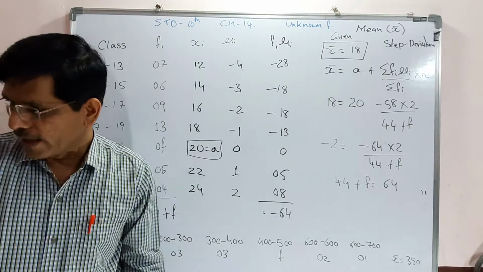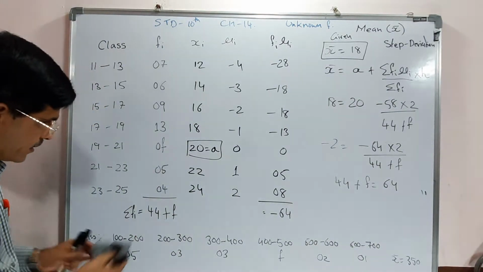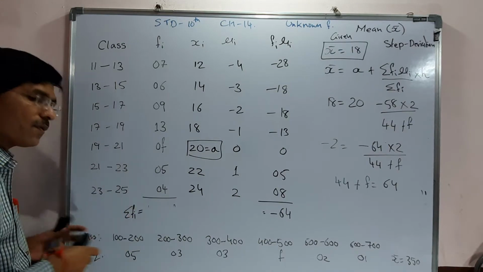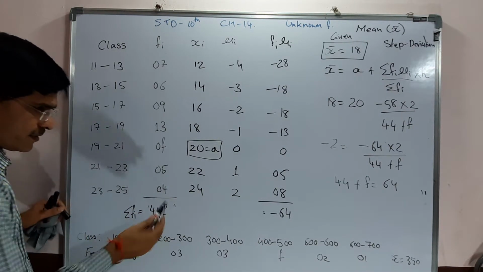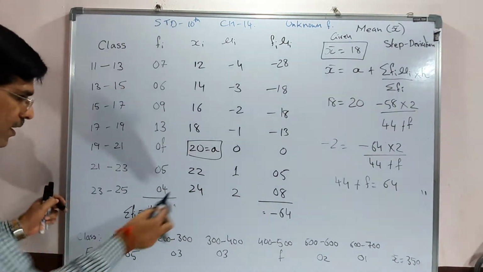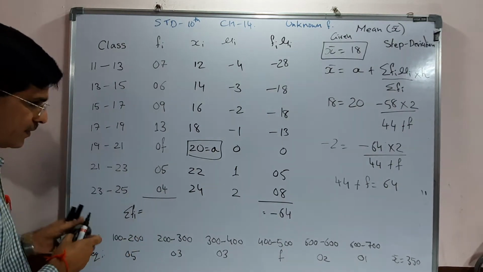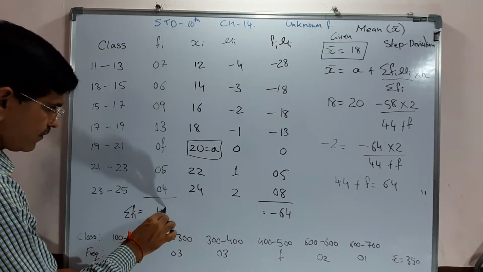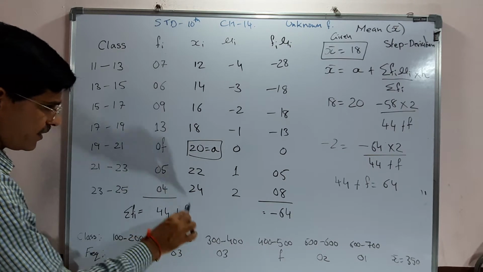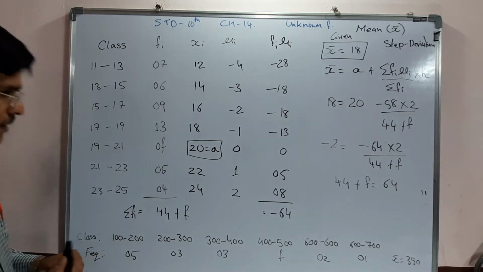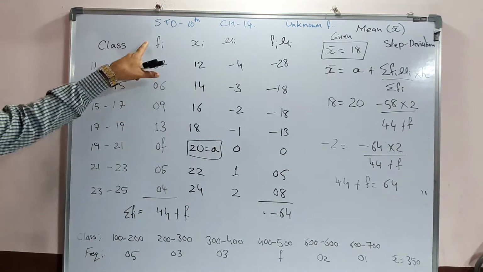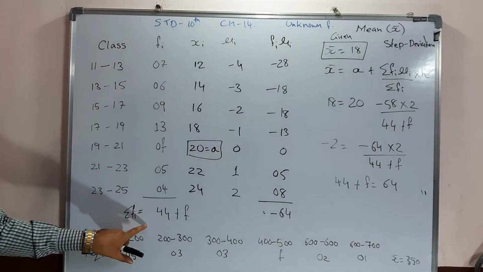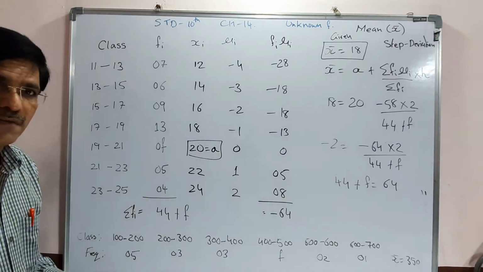Can we write 44f? We cannot write it. We have to write 44 plus f. So now we have to make sigma fi as 44 plus f.